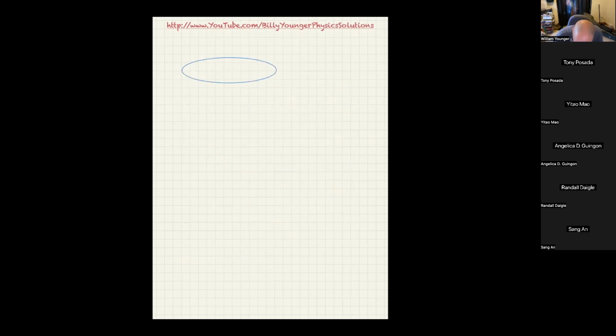Okay, so now I'm going to draw my axes again, but now this is not a ring of charge. This is a disk of charge. And this is a z-axis, this is an x-axis, this is a y-axis.